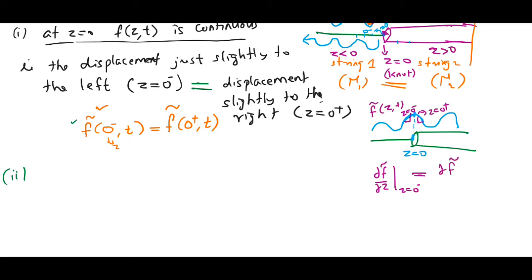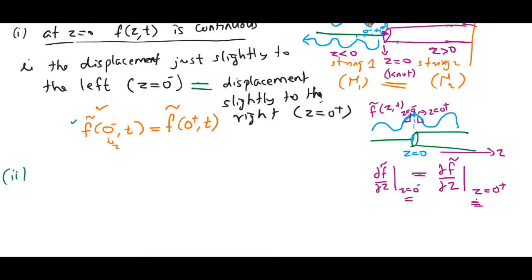And dou f by dou z, that is a slope because we are differentiating and this is our z axis. At z is equal to 0 plus, that is the derivative slightly to the left, that is z is equal to 0 minus point, is equal to the derivative or the slope slightly to the right.